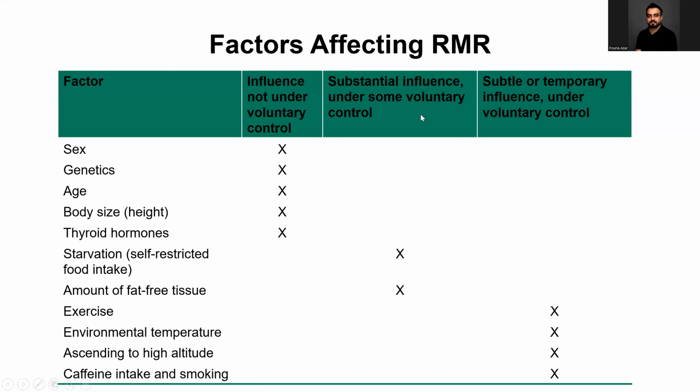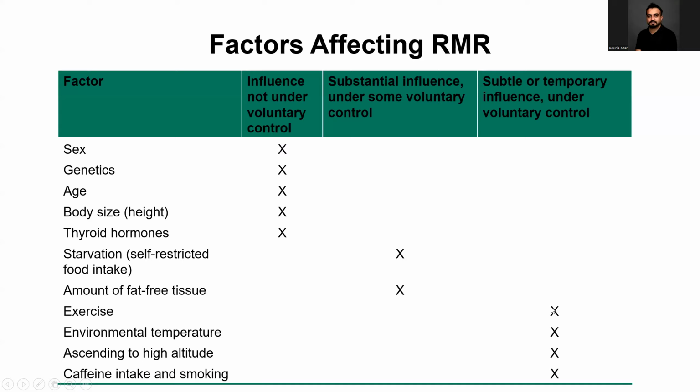And also we have different columns. These are the influences not under voluntary control. So we cannot control sex, genetics, age, body size, or thyroid hormones. We have substantial influence on self-restricted food intake and the amount of fat-free tissue by doing some exercise.